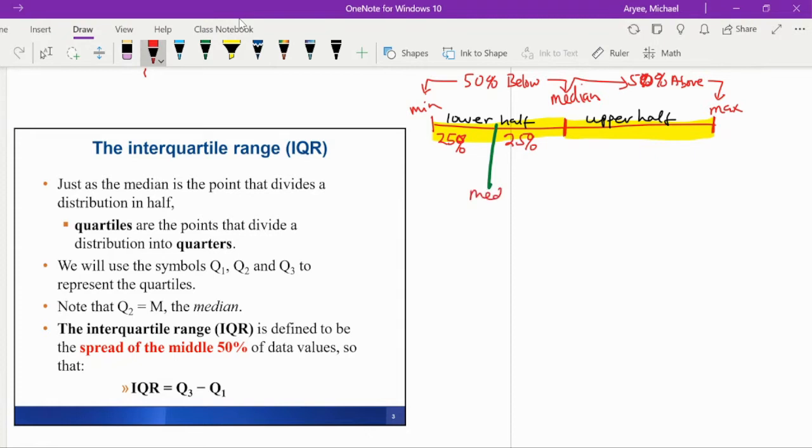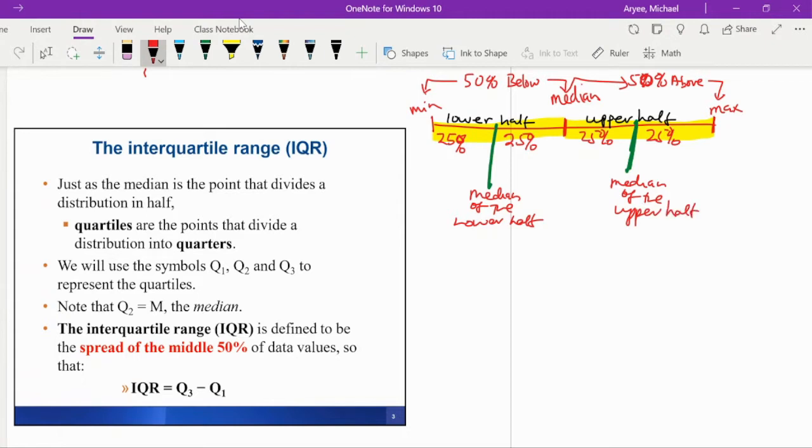So this is the median of the lower half. And we can also decide that we want to split the upper half into two. Now, if we do that, then we're going to have 25% of your data here, and then 25% of your data here. And this is the median of the upper half.